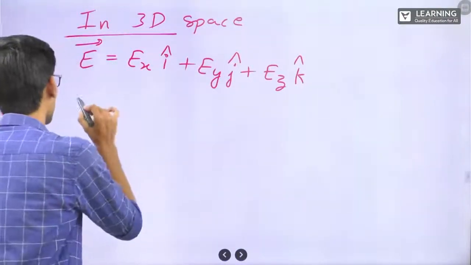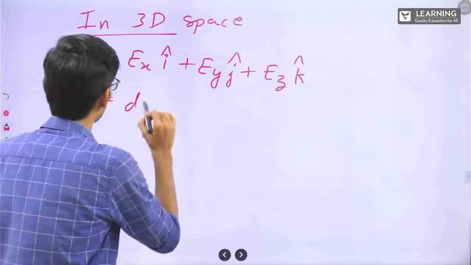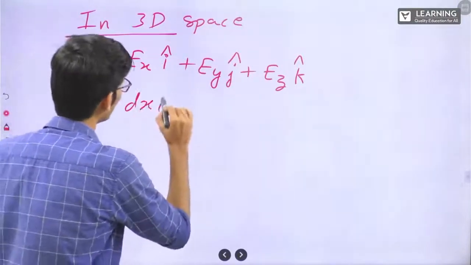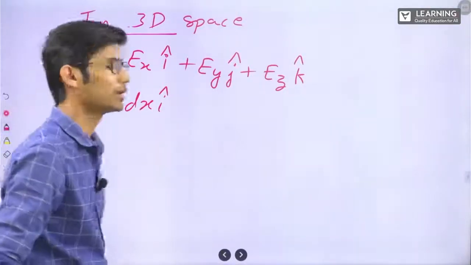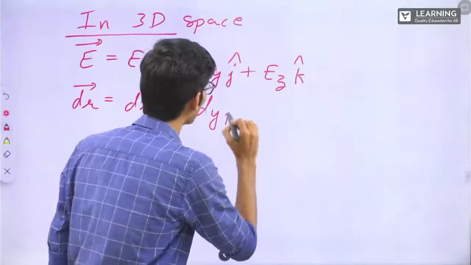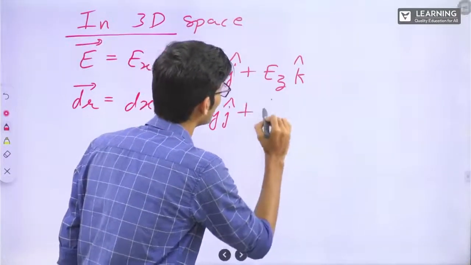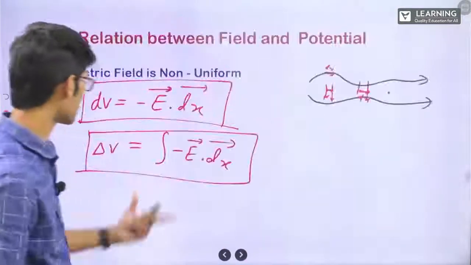Okay. Dx vector, let's say dr vector, is dx i cap plus dy j cap plus dz k cap. You remember it this way.